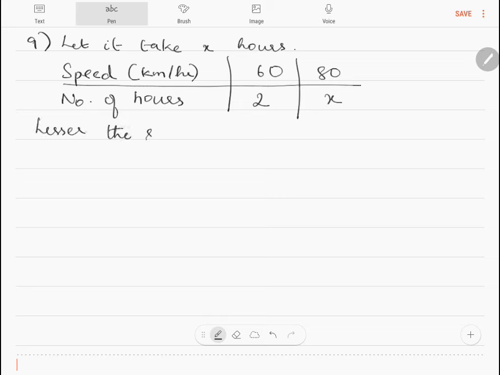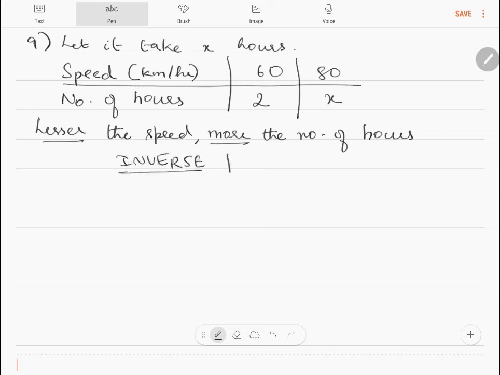Lesser the speed, more the number of hours to reach the destination. So it is in the case of inverse proportion.